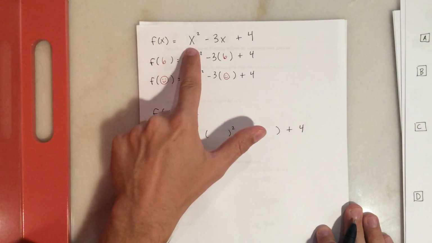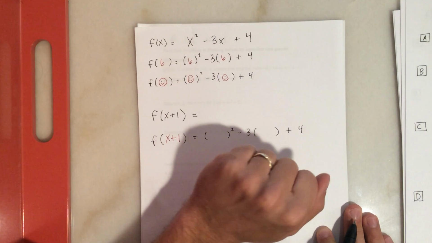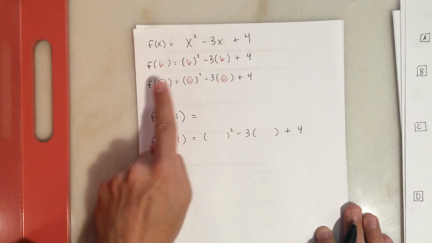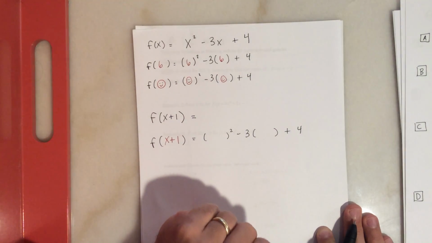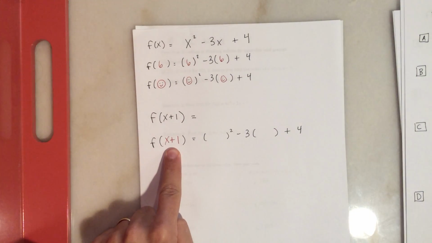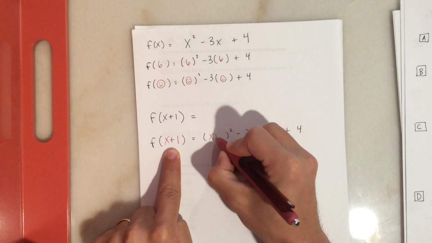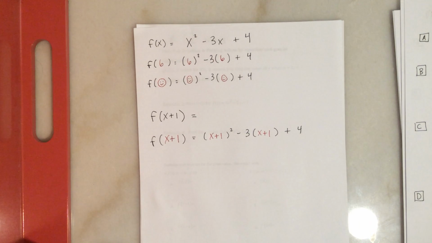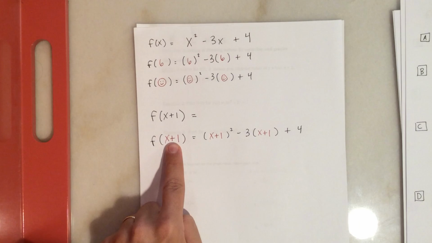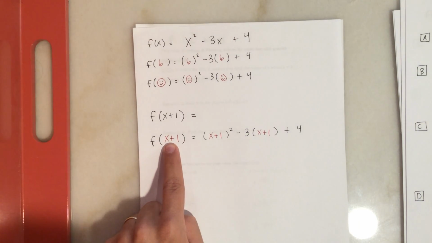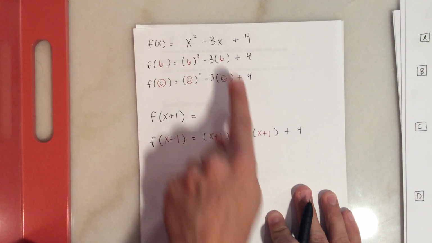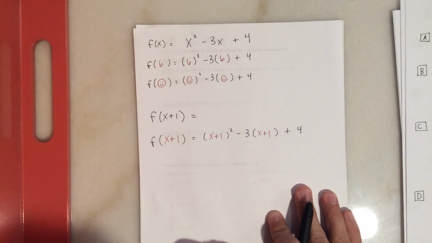F of something is something squared minus 3 times something plus 4. So f of 6, we plugged in a 6 for every x. F of smiley face, we plugged in a smiley face for every x. So f of x plus 1, we're going to plug an x plus 1 in for every x, right? This is the rule of function notation. Whatever's in the parentheses, no matter how crazy or how unfamiliar, plug that thing into every x in the original equation.